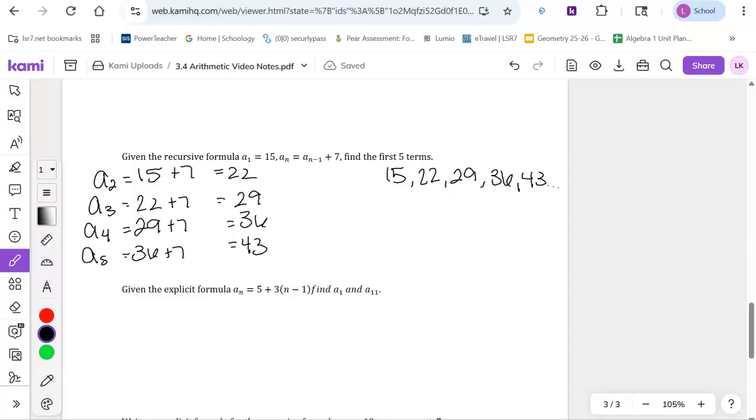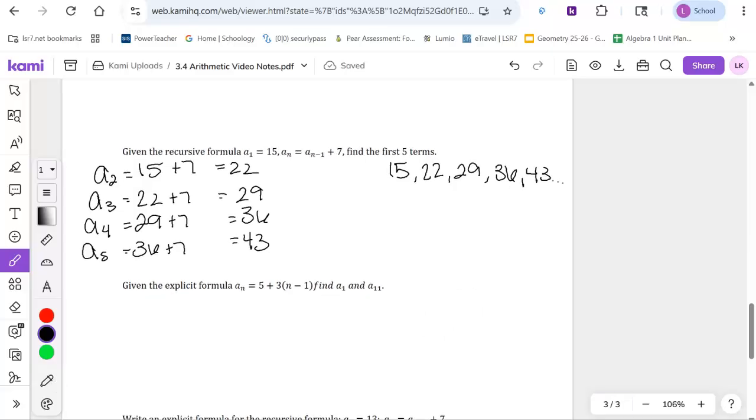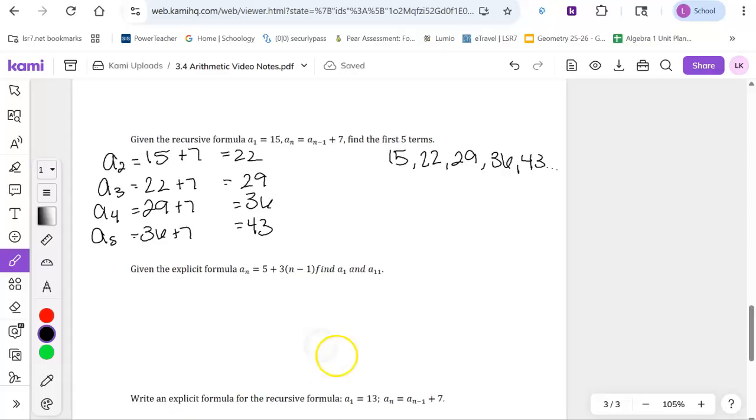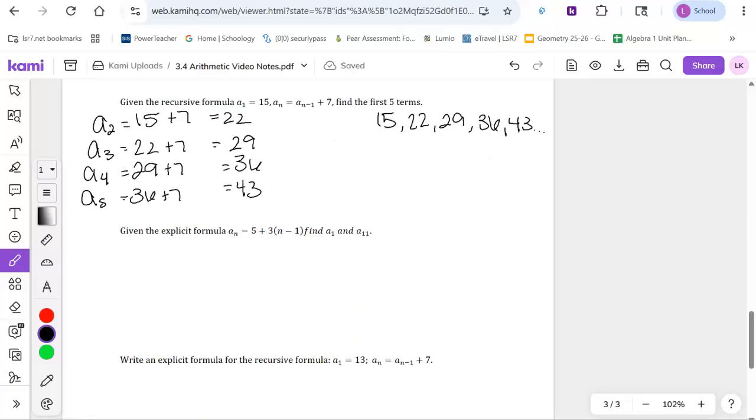The next one says, given the explicit formula, a sub n equals 5 plus 3 times n minus 1, find a sub 1 and a sub 11. So I'm going to use this here. a sub 1 equals 5 plus 3 times 1 minus 1, so a sub 1 equals 5 plus 3 times 0, so a sub 1 equals 5.